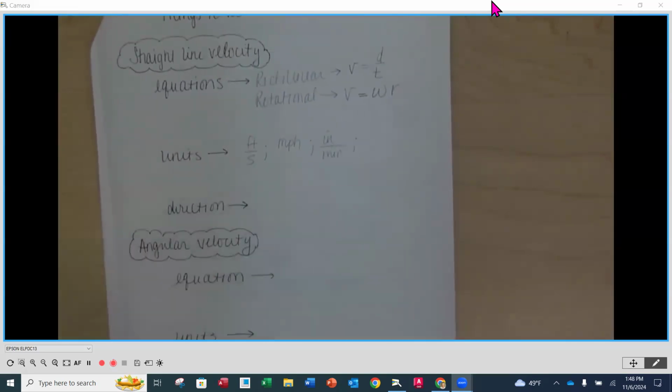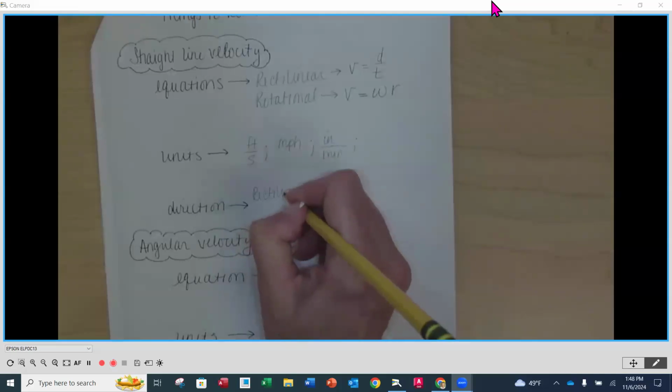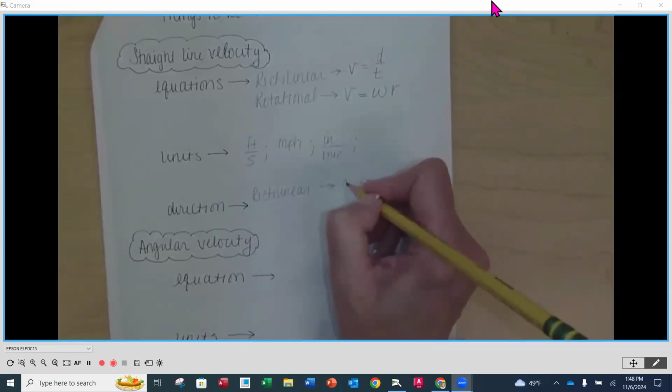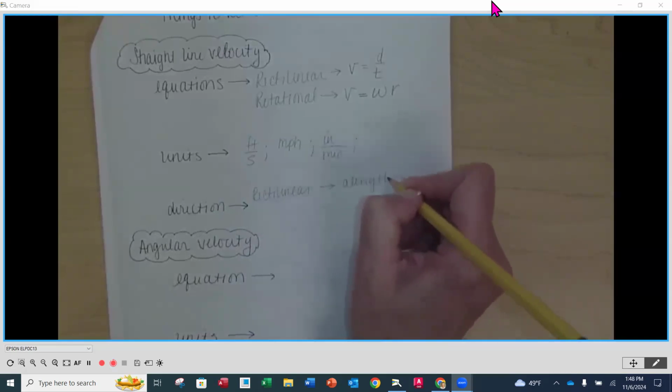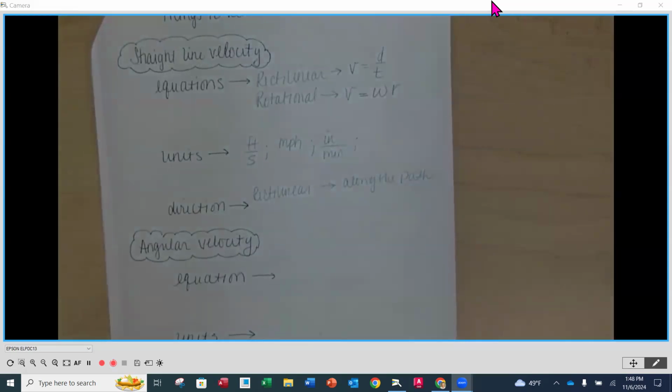Direction. When we look at rectilinear, in case you didn't write this one down, because we've been doing a lot of the rotational, it's going to be along the path. So for the conveyor, in that case, it was horizontal, or it can be vertical, or it can be along the line if it's at an angle.